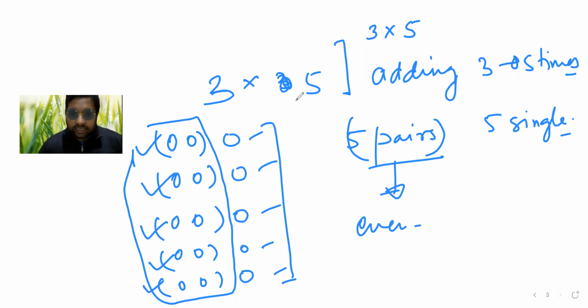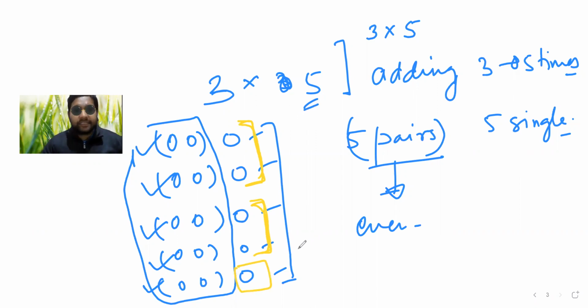Now, because the multiplication factor is odd, which means it will never be divided by 2, we cannot pair it up completely. So when we try to pair it, we will get one pair, we will get another pair, but because it is odd, we will get one single.